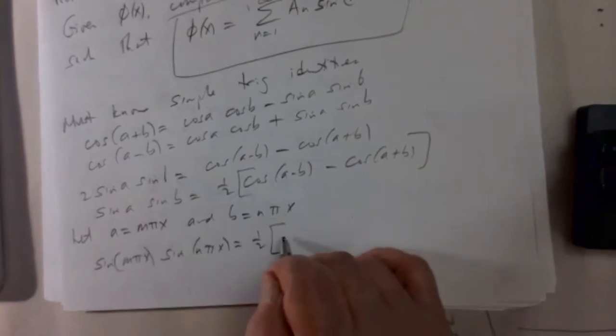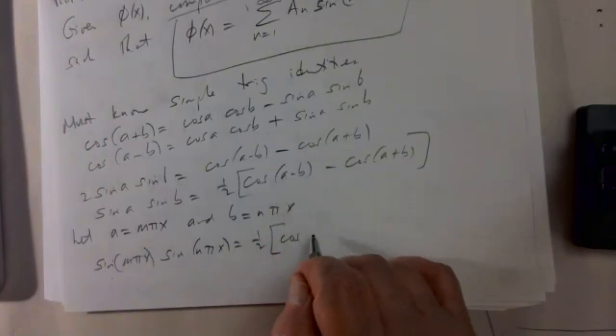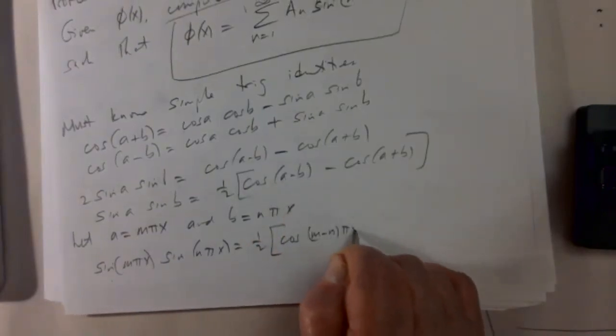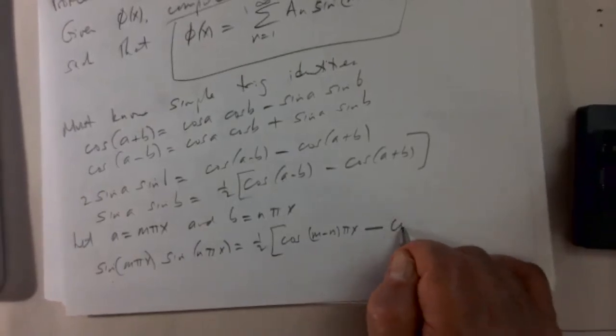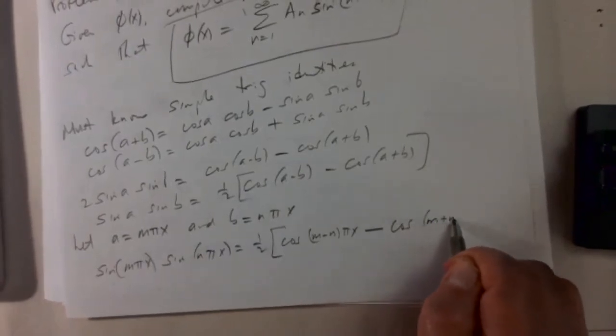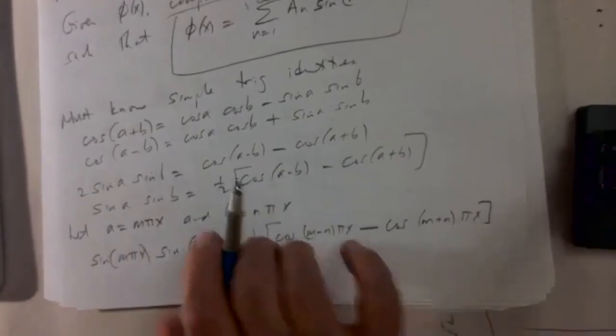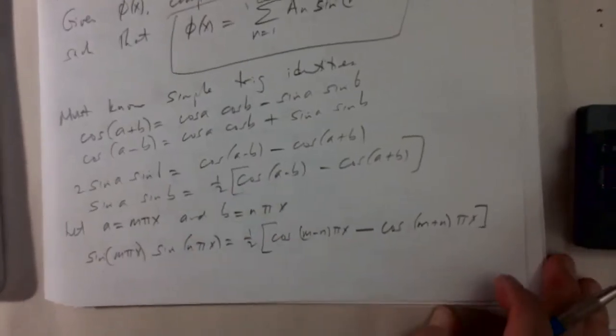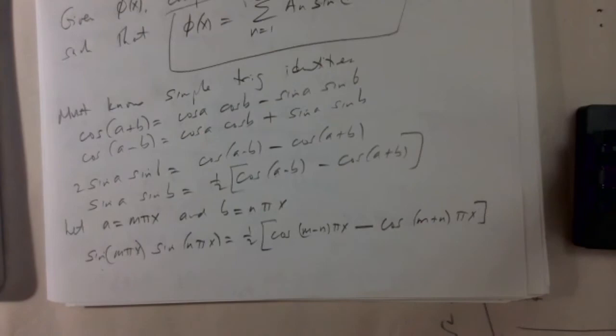See, when we subtract, you get the cosine of a minus b, that's m minus n pi x, minus the cosine, when you add, you get m plus n pi x. Okay. So if I've done my arithmetic correctly, which sometimes I do and sometimes I don't, we have this trig identity.